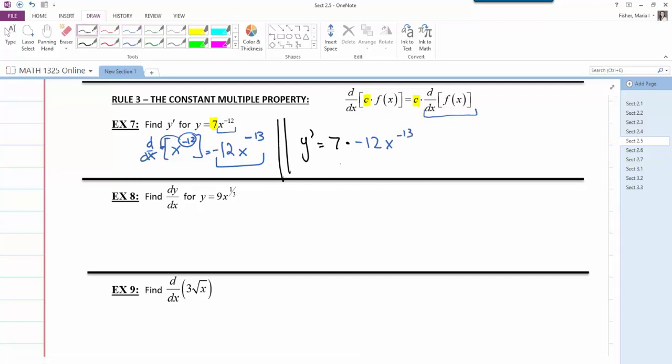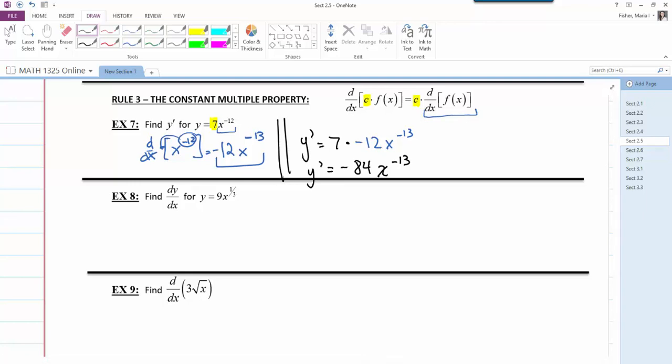Well, 7 times negative 12 is negative 84. So we end up with negative 84 x to the negative 13th power.